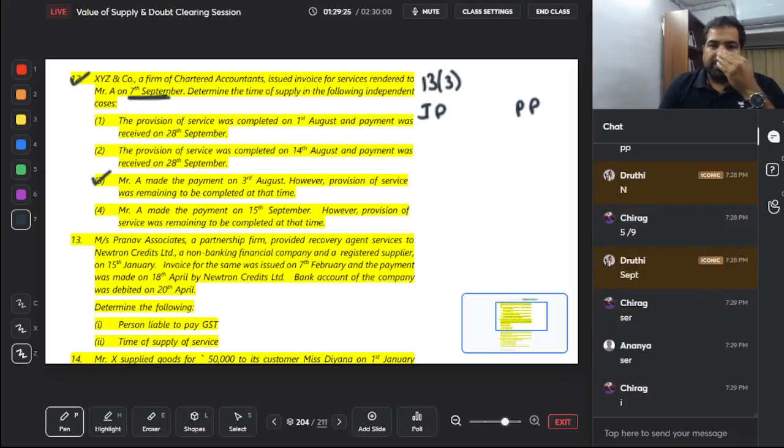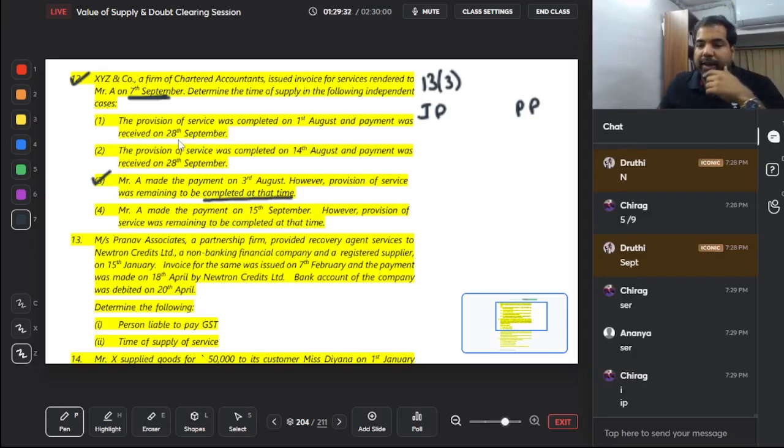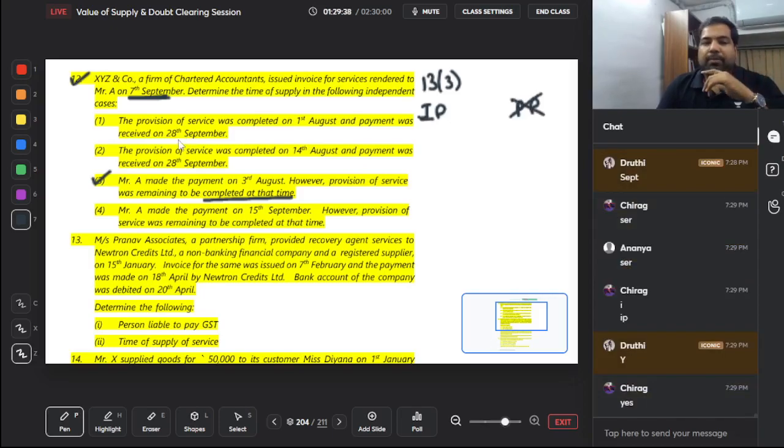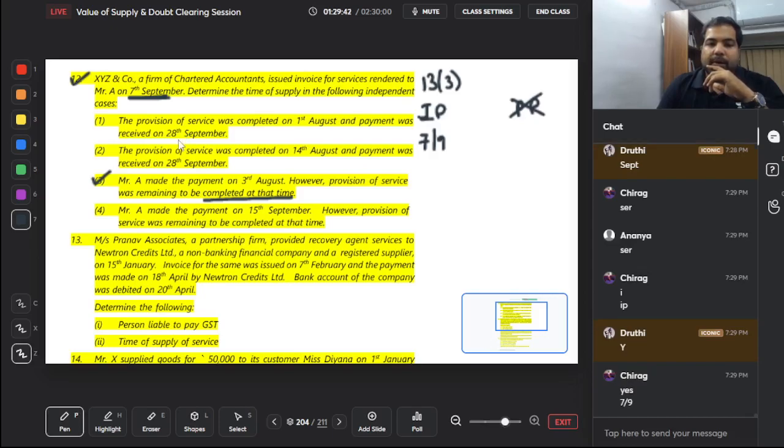Invoice was issued on 7 September, my bad. But the services were still not completed. That means, guys, have you issued the invoice much ahead in time? Yes, good. So you are in time. So you will not look at PP, you will do IP. What is the invoice date? 7 September. What is the payment date? 3rd August. So which is the time of supply? 3rd August.